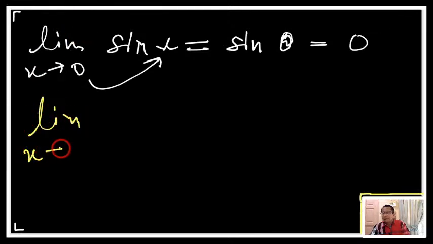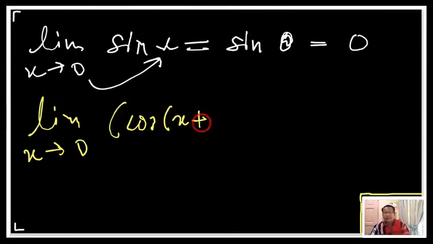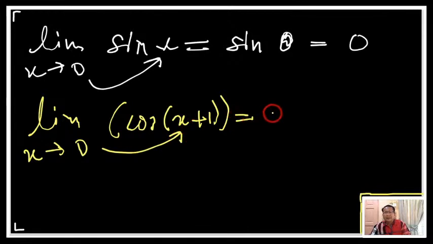Limit x approaches 0, cos x plus 1. So substitute 0 into here. So you have cos 0 plus 1. 0 plus 1 is 1. Cos 1.